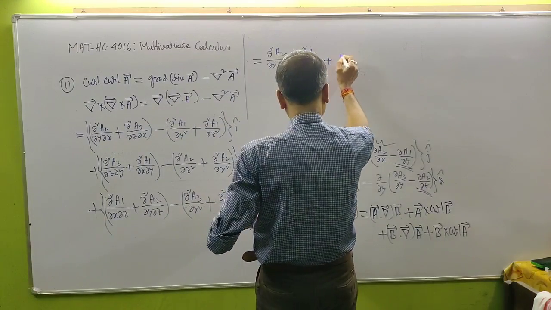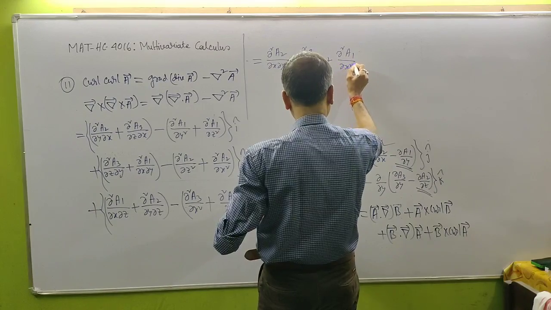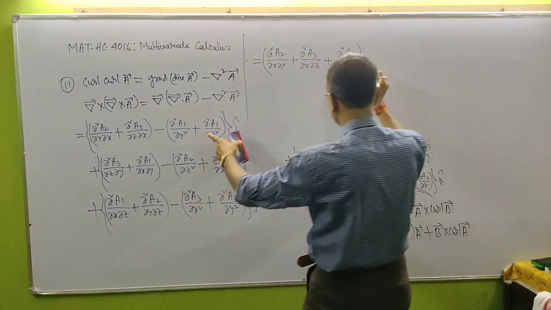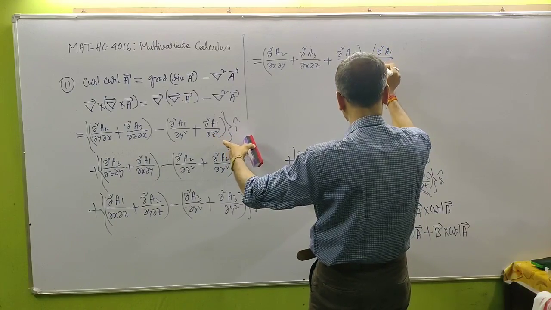Now add this one, del square A1 by del x square. Add this one, minus, here also you should add this one.